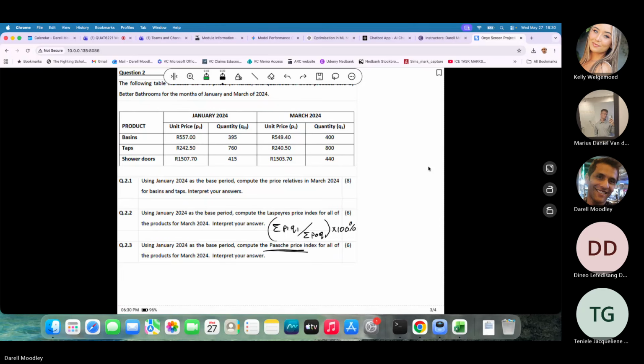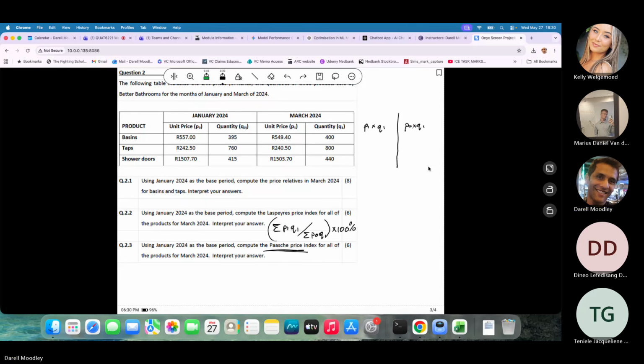That's the formula we use for the Paasche price index. Same as what you did earlier, except now you're going to create two columns, one for the numerator, which is P1 times Q1, and for the other column, the denominator, P naught Q1.